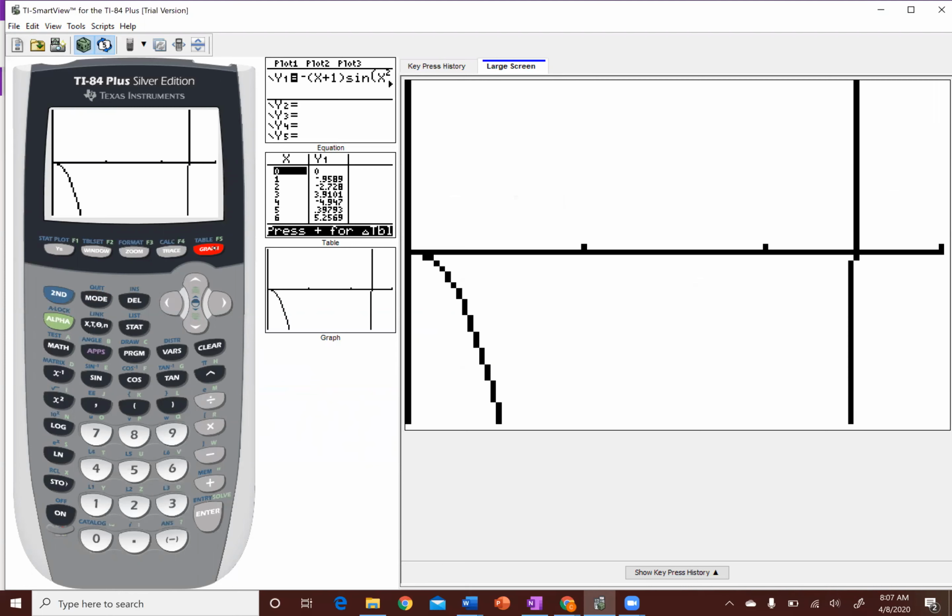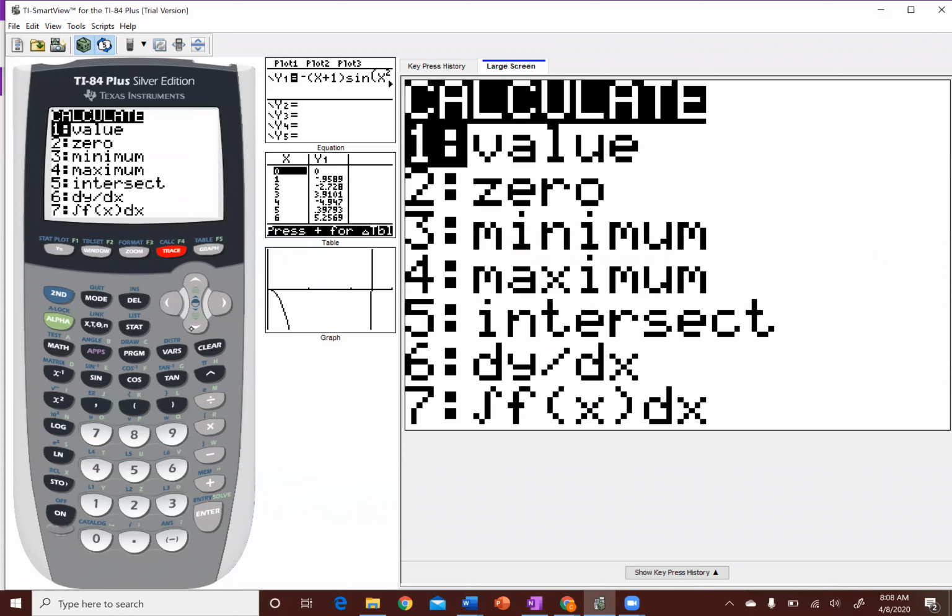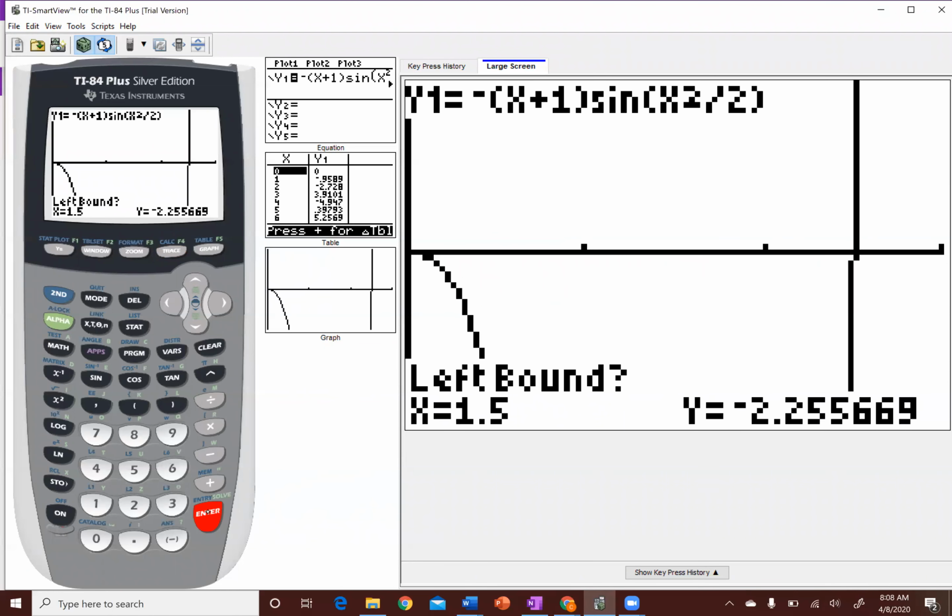All right, so you can see it looks like there are 1 or 2 points where this function is equal to 0. And so I'm going to figure them out by pressing second CALC 0. And it starts me at x equals 1.5. So I'm going to scroll over to find first the rightmost 0 that you see there. Right, I'm getting there.